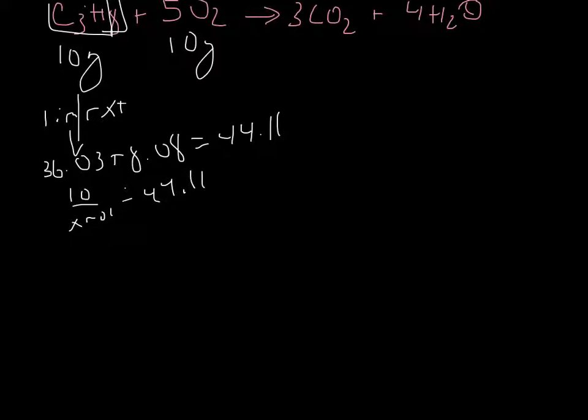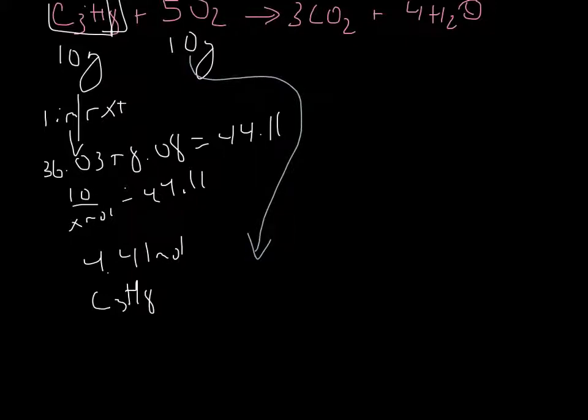Multiply each side by x, divide each side by 10, and you will get 4.41 moles C3H8, I think. Yeah. Alright, so now we're going to go to the oxygen. I'll do that in a different color. Well, oxygen is just 2 oxygen, so we know it has a molar mass of 32.